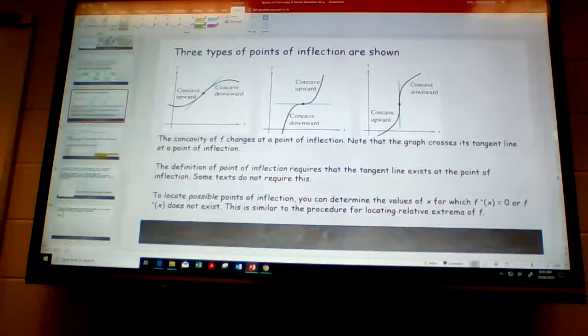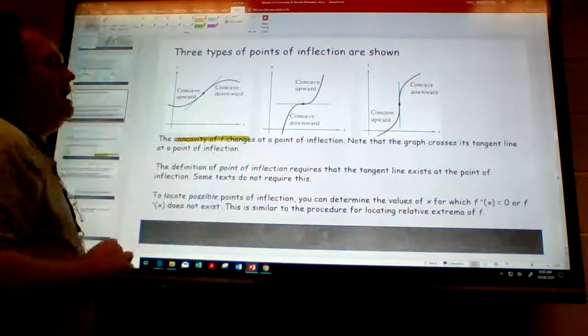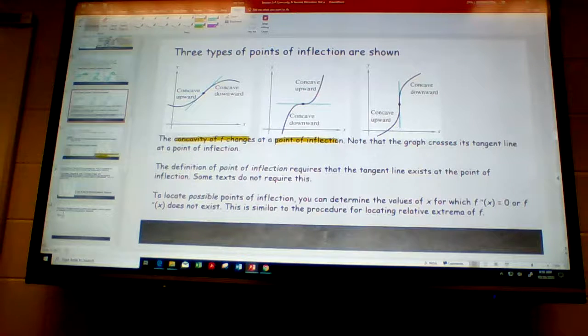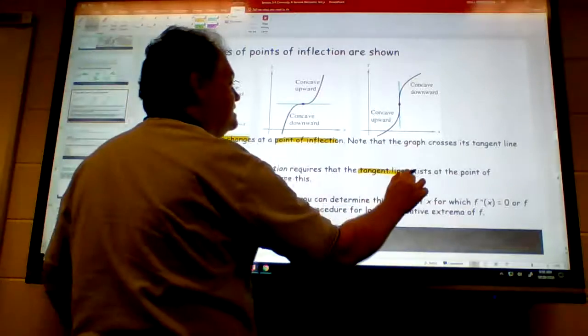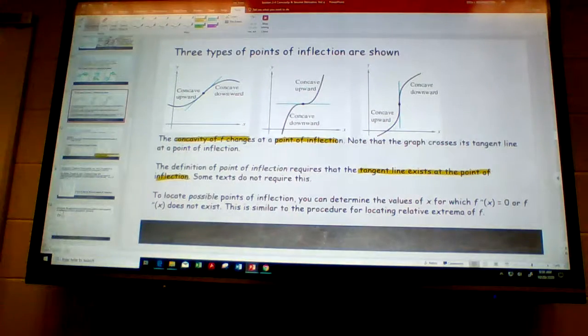Now the concavity changes at a point of inflection. Note that the graph crosses its tangent line at the point, and the definition requires that the tangent line exists at the point of inflection. Just some technical stuff you need to be aware of.